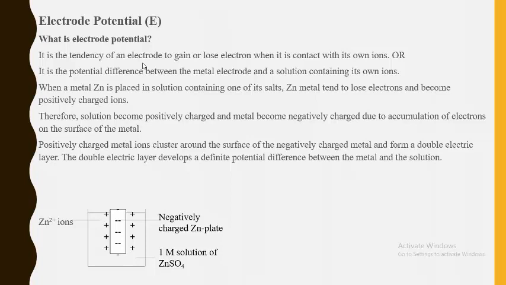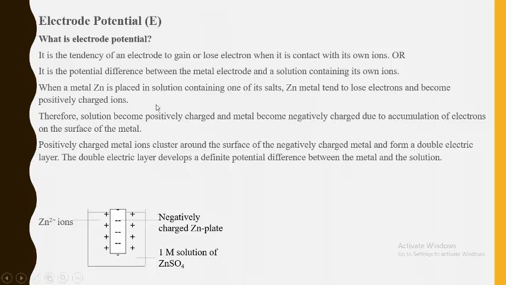If it is done so, then we cannot get the electrode potential. Therefore, another definition gives a very clear picture: it is the potential difference between the metal electrode and a solution containing its own ions. So the basic condition here is that it should have the solution containing its own ions.